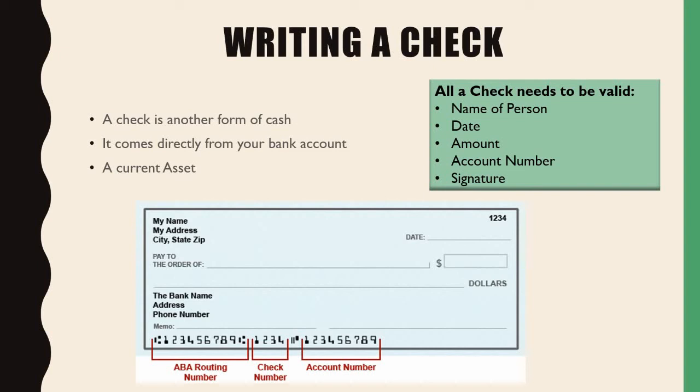The last thing here, right? We already talked about the account number, right? Where is this money taken out from? The last thing that you have to do is you need to have a signature. You need someone to verify that this amount is correct and this is the person I'm going to pay.